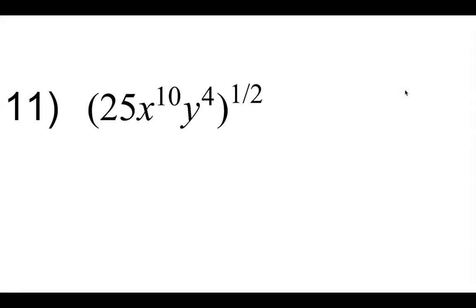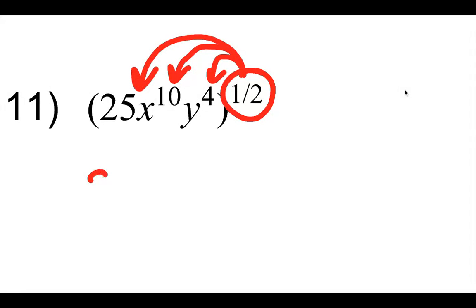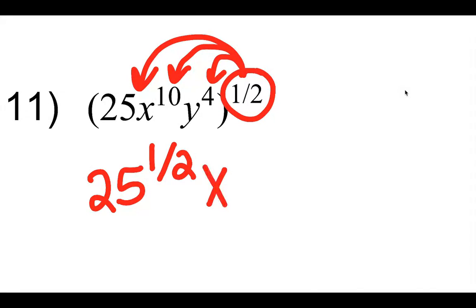Okay. This guy, the half is going to go to everything inside, even the 25, yes. So I've got 25 to the half power times x to the 10 divided by a half, which is what? 5. And y to the 4 divided by half is 2.